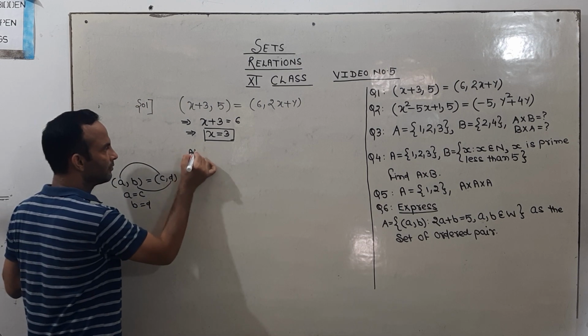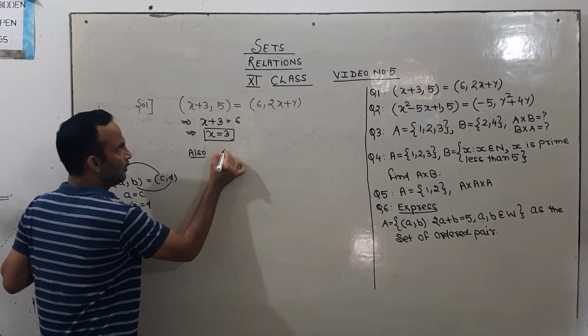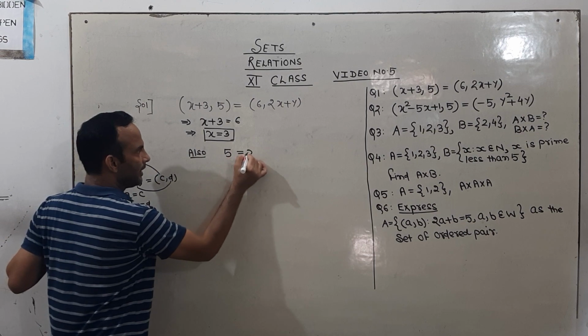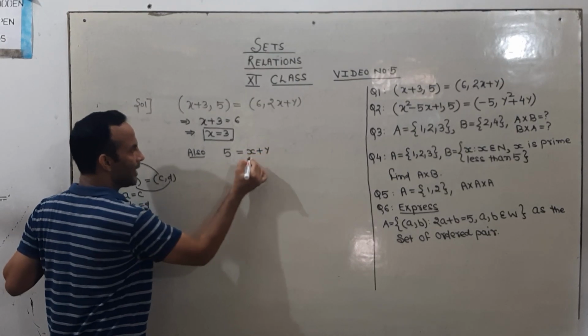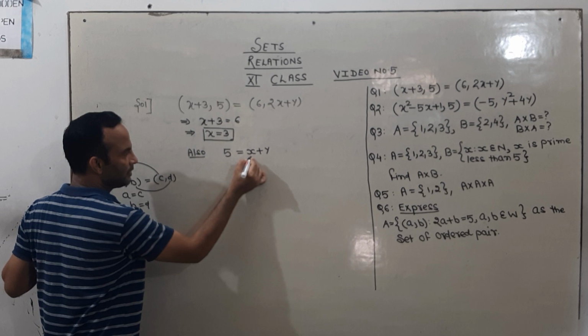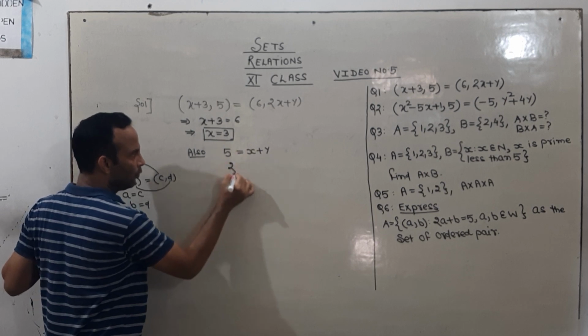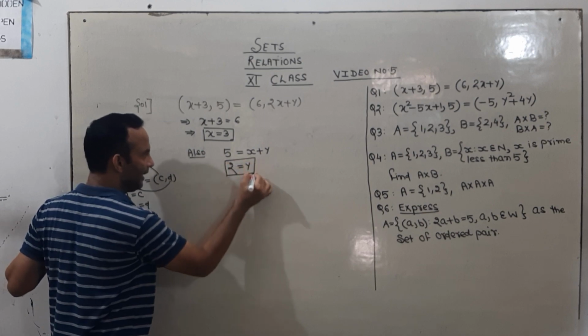Also 5 is equal to x plus y. What is x? x is 3. So 3, 2. The value of y is. I hope you understood that.